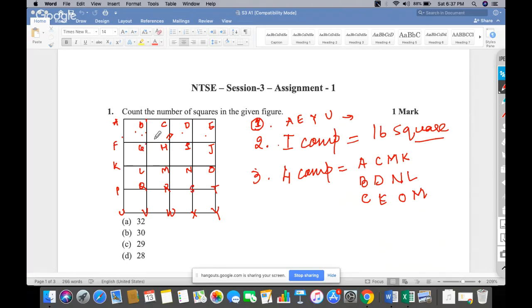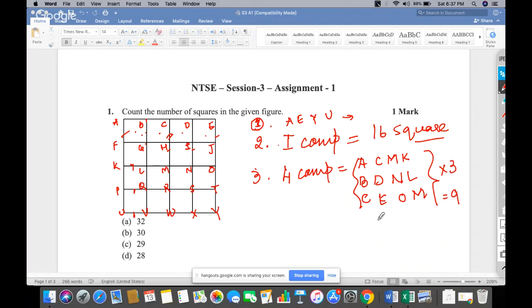You should understand that 3 lines together, 2 lines are fixed, and 1 line from this side, 1, 2, 3 are giving me 3 particular squares. So I will keep this line as it is. Instead of this line, now I'll take this line, then I'll take this line. So how many squares will we have? I'll have 3 into 3, 9 squares.